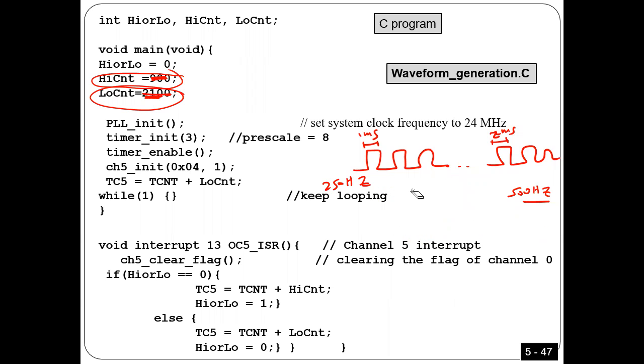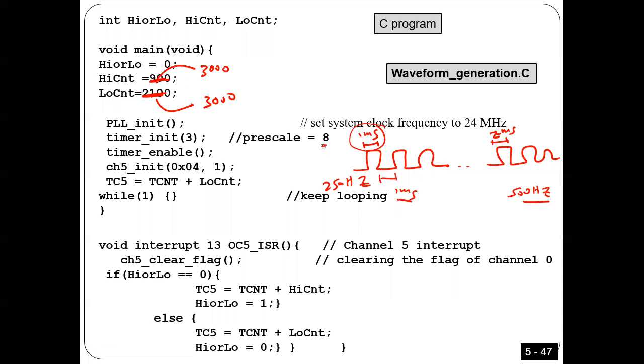Number 2, the question is how I can modify this program so that I can generate a signal like this one. That's not difficult. If you want to generate, for example, 1 millisecond and 1 millisecond, all you have to do is change these numbers. I can make this number 3,000 and 3,000. Why?